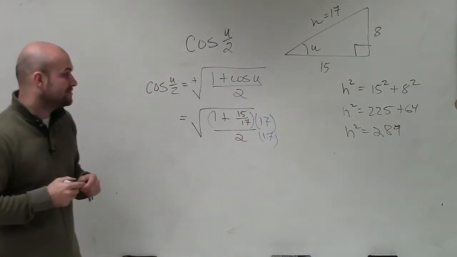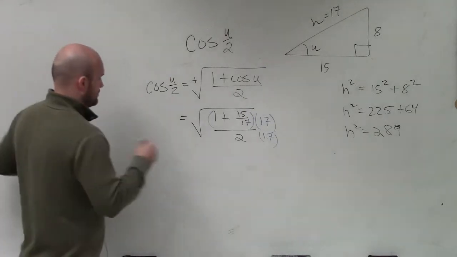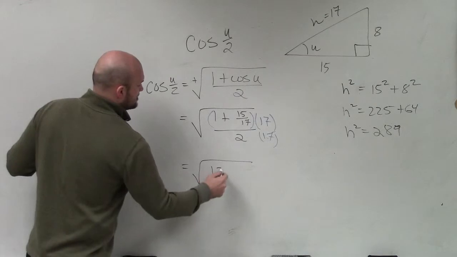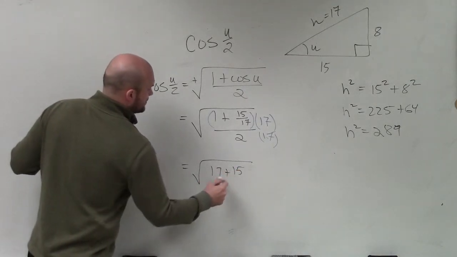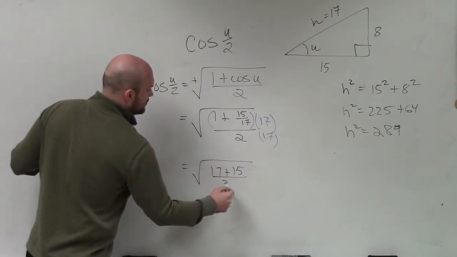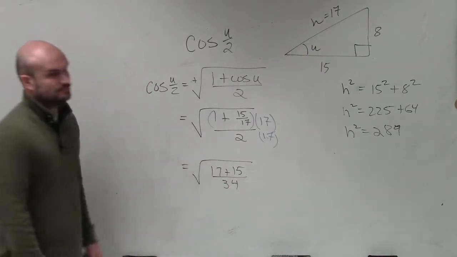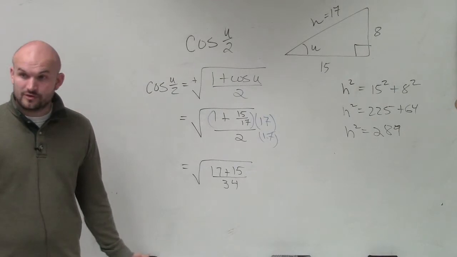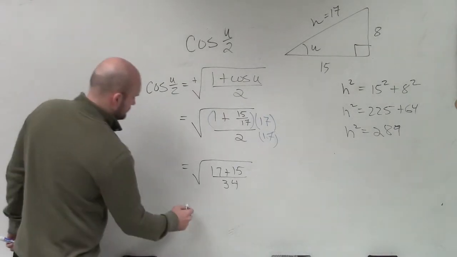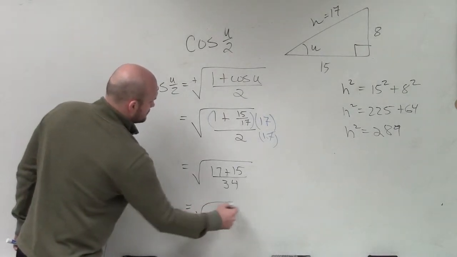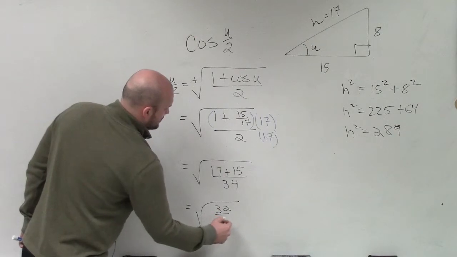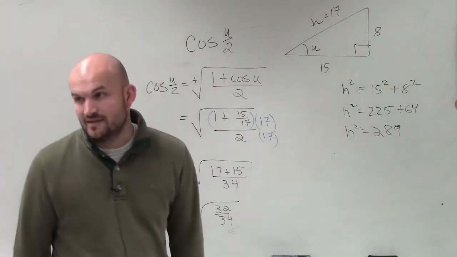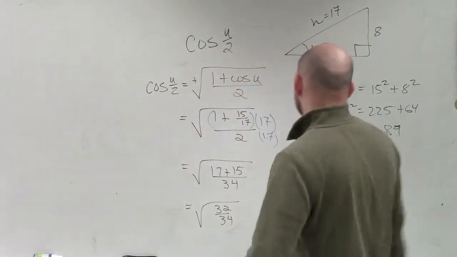OK? By doing that, I now obtain 17 plus 15 divided by 34. 17 plus 15 is going to be 32. Then you guys can obviously simplify that to 16 over 17.